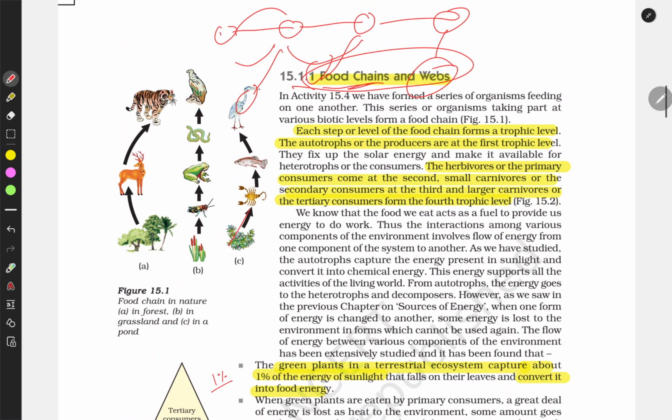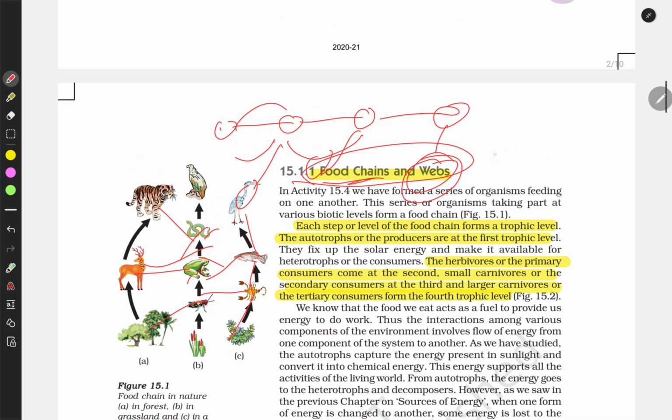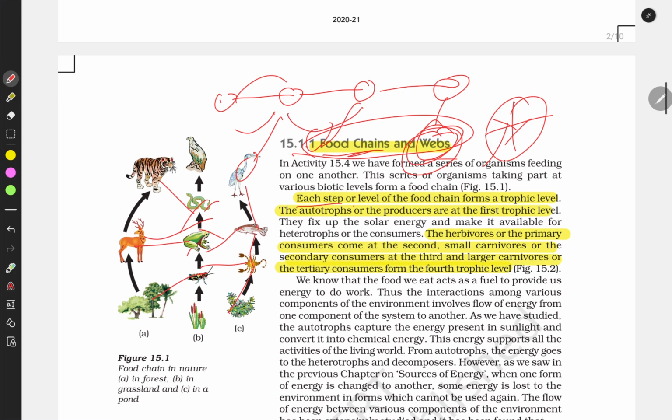It's not a chain like this, it is like this also. They also eat these things. So it creates a web-like structure, like a spider has a web. So food web is more accurate. Each step or level of the food chain forms a trophic level.